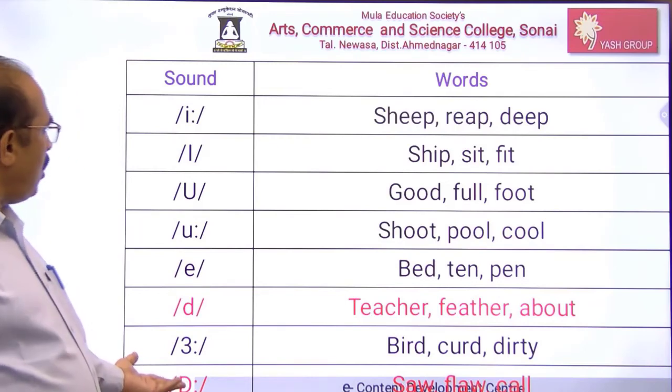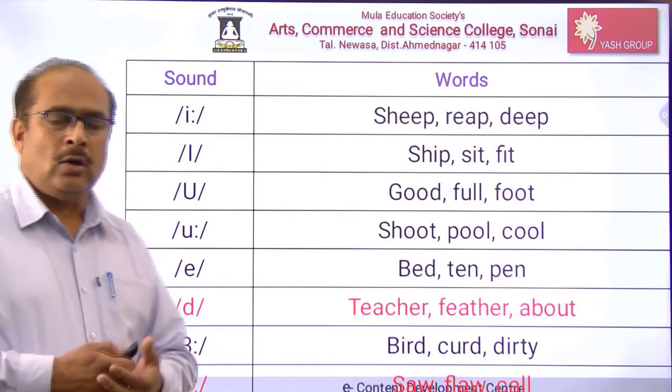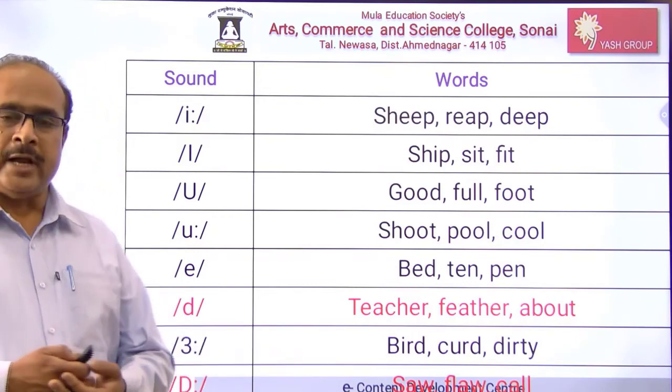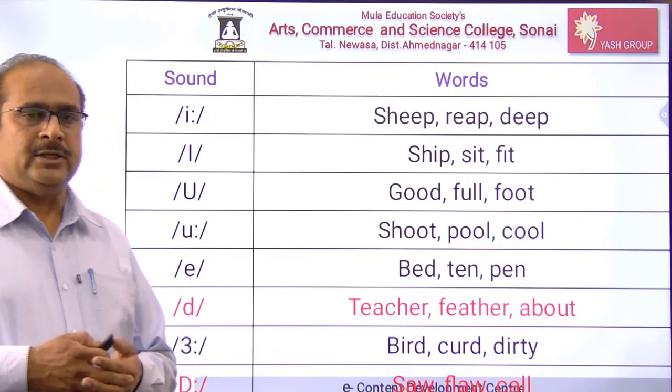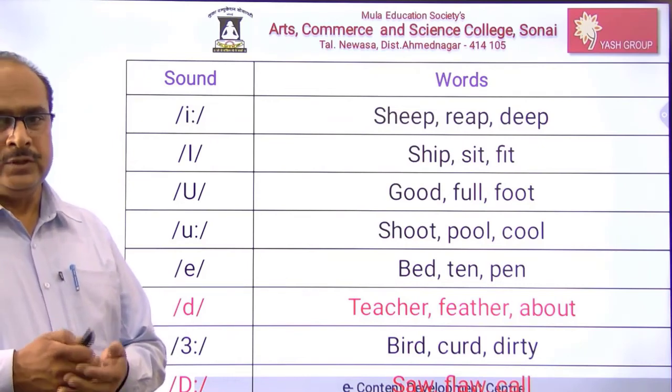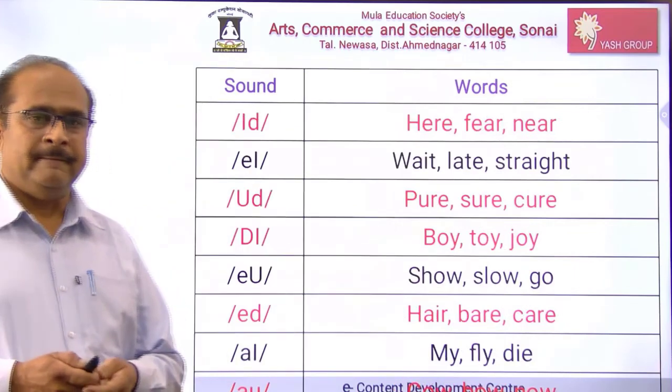And the last one is aw. This is the long aw sound, found in words like saw, flaw, and call. One more sound is a short aw, found in words like got, sought, etc.